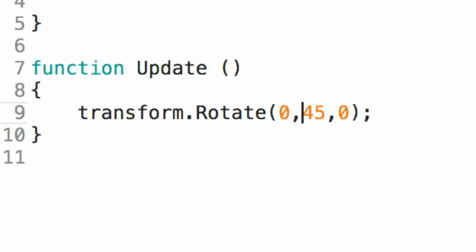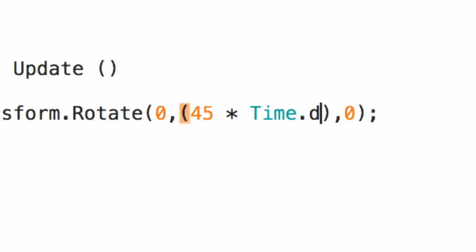So here's what we're going to do. I want to put 45 in parentheses so I can isolate it from the rest of the channels. And then multiply this by Time.deltaTime. Delta time, there we go.